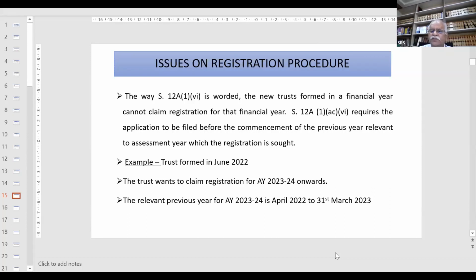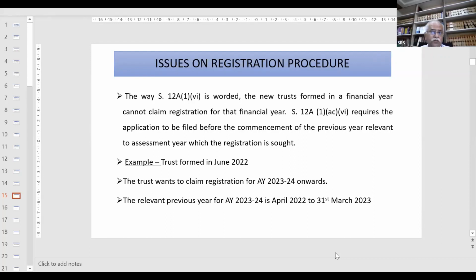In this case, the previous year is 22-23. So what is 1 month prior to the commencement of the financial year 22-23? It is 29 February 2022. Therefore, what happens on 29 February 2022? Sorry, 28 February, not 29, sorry.